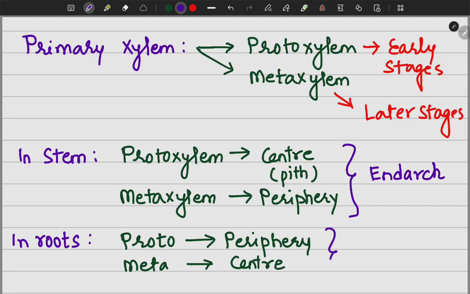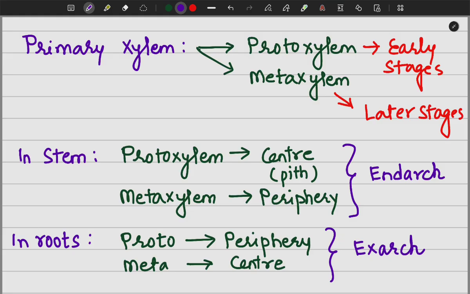Such an arrangement is called exarch. So these are the two important terms, endarch and exarch, which tell us about the position of protoxylem and metaxylem in stems and roots. We will study about it more in the structure of dicot and monocot stems when we learn about their anatomy.